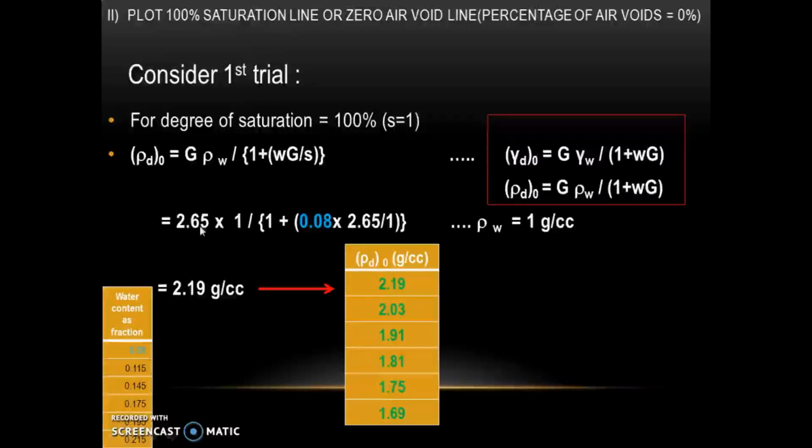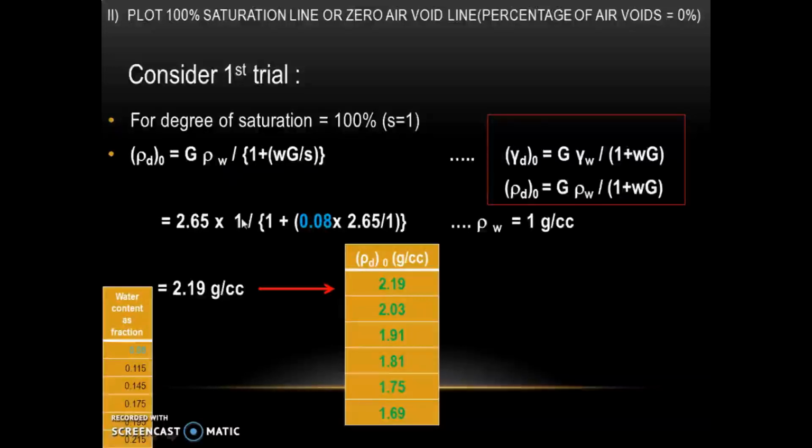Substitute the value of G which is given in the problem, which is equal to 2.65. Density of water is equal to 1 gram per cc, and we have taken the values of mass in terms of grams.